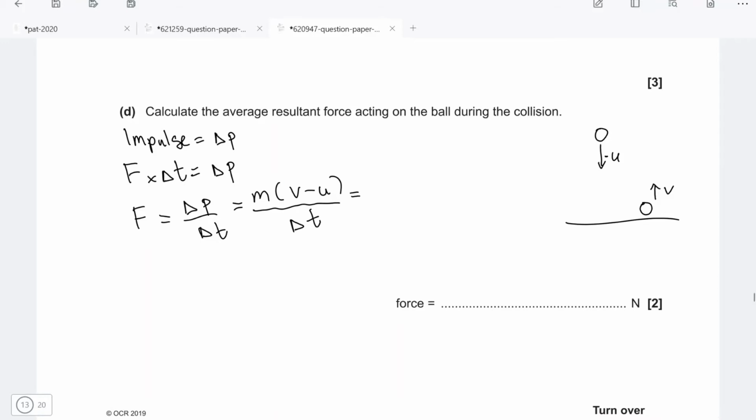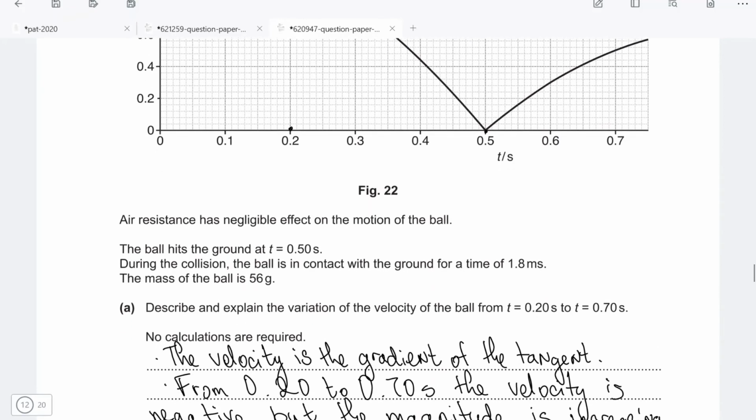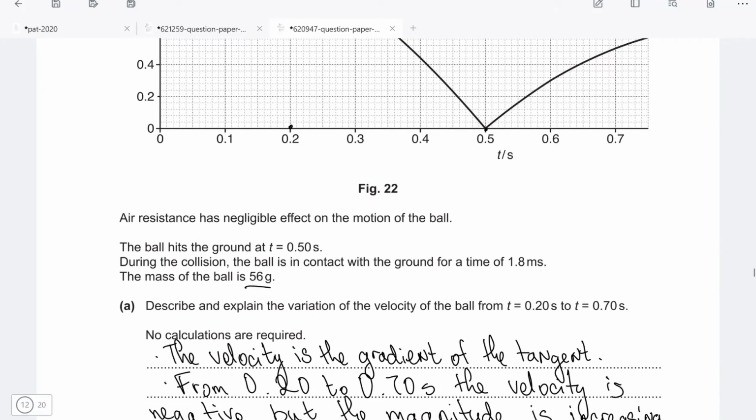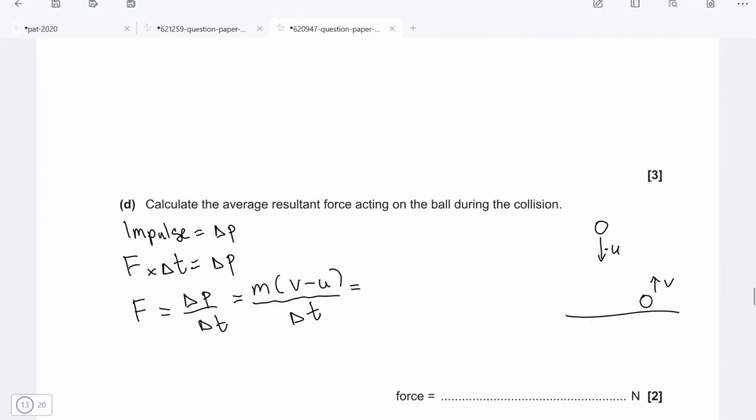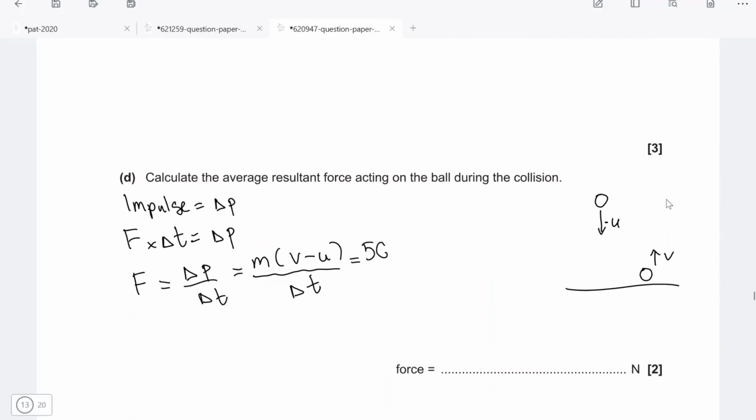Now let's plug in some numbers. So our mass is given up here in the question to be 56 grams and our time of impact is 1.8 milliseconds. So this means that our mass will be 56 grams, so that's times 10 to the power of minus 3, and our v, we've already found the final velocity to be positive 3.5 meters per second, and our initial velocity was 4.9, however, 4.9 in the opposite direction.